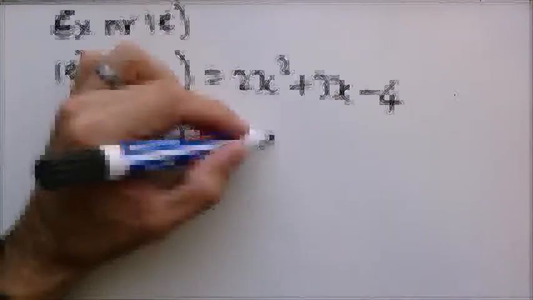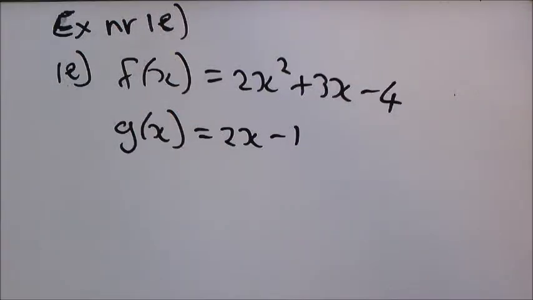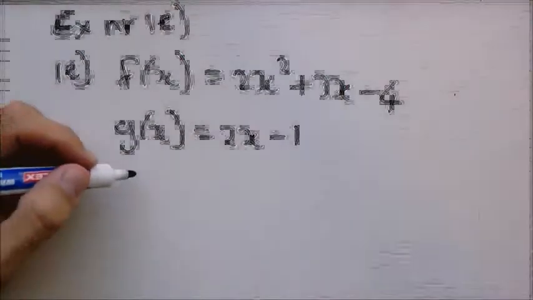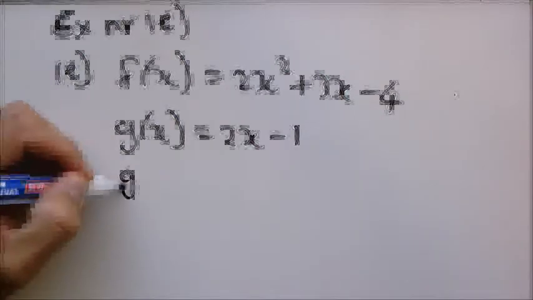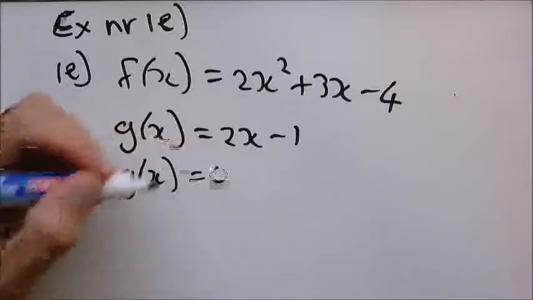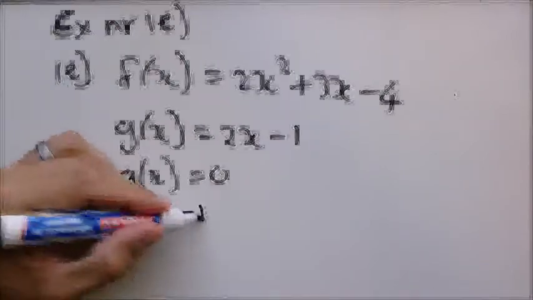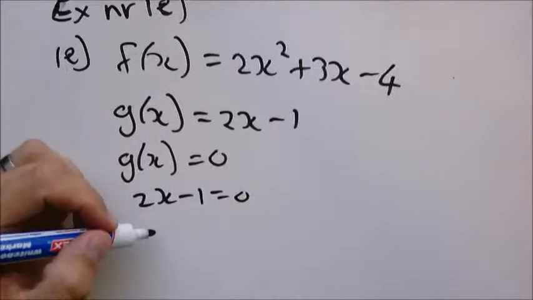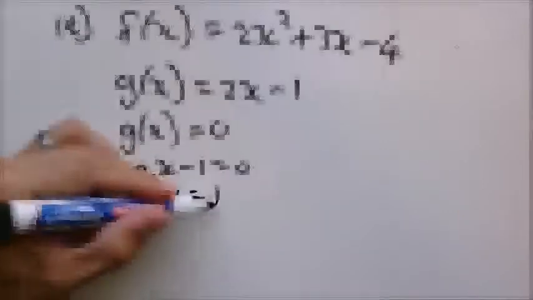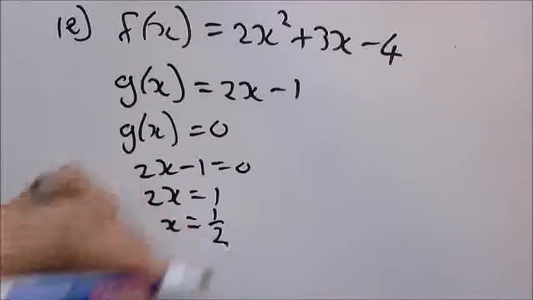2x minus 1. Okay, so when f(x) is divided by g(x), we take the divisor and make it equal to 0, and then you calculate x as a half.